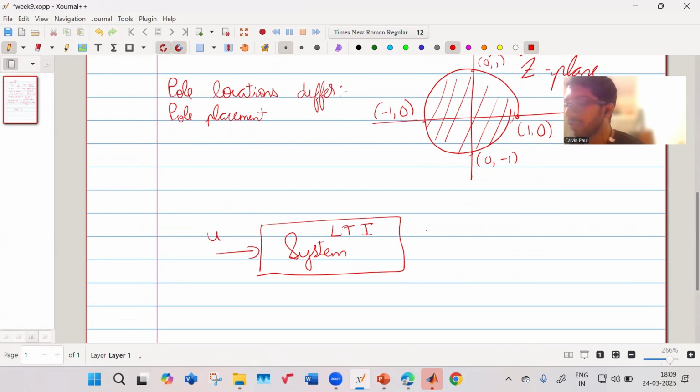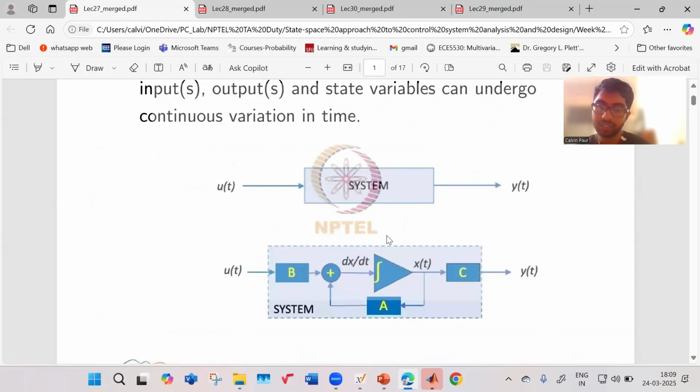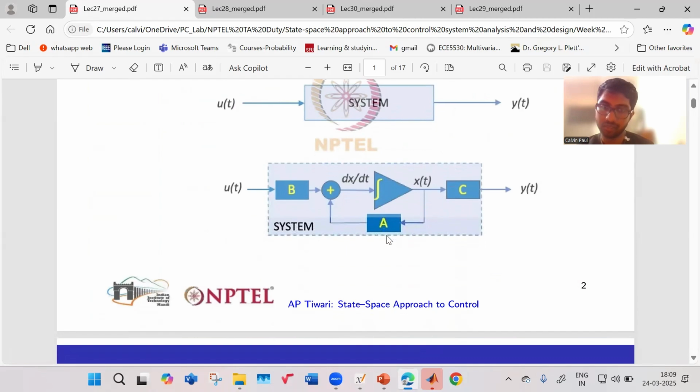It has an input U and an output Y. Now what happens in discrete time systems? This is our linear time invariant system, and it can be represented in the form of A, B, C matrices.